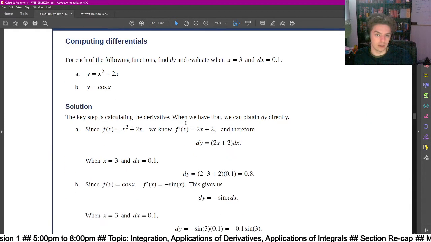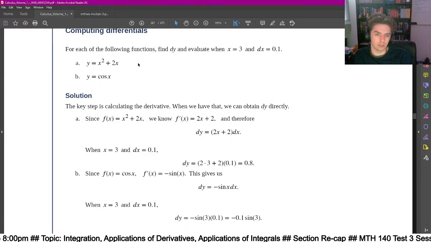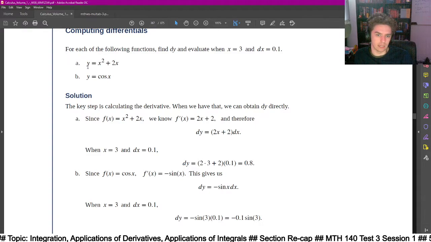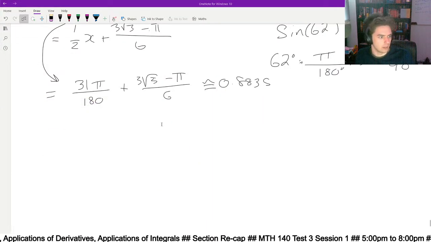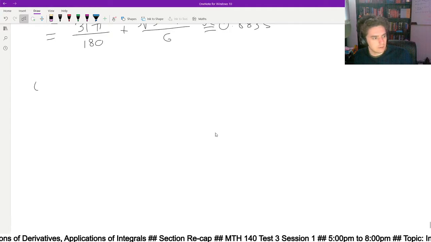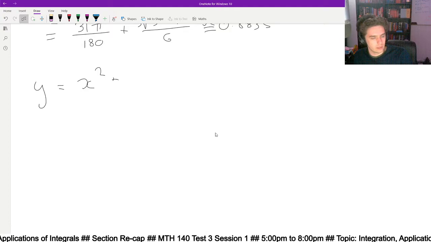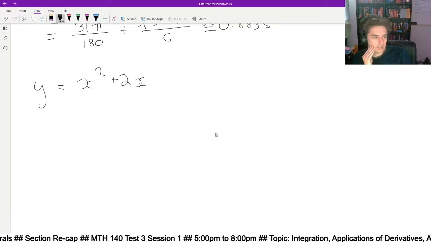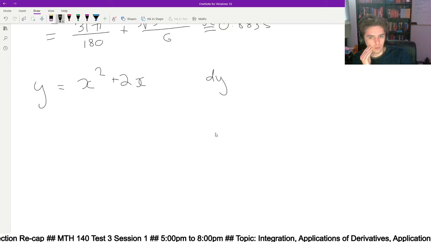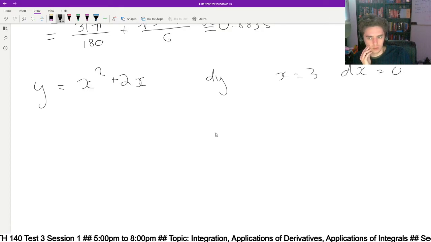I don't know what to say. For each of the following functions, find dy when x equals that. So you just take the derivative, it'll be dy by dx. Let's do a. It's saying for this function, y equals x squared plus 2x, find dy when x equals 3 and dx equals 0.1.